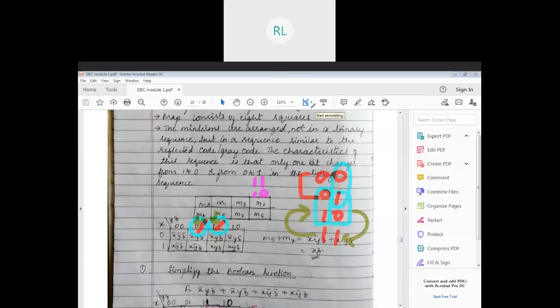Now compare the last one, 1, 1 and 1, 0. Here, if you can see, this 1 is the same. There is no difference. The only change occurs in the last bit, which is your 1, 0. So that is the reason we are taking all these.